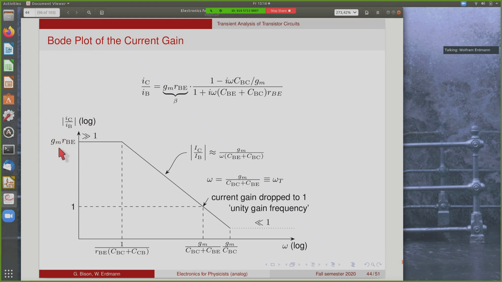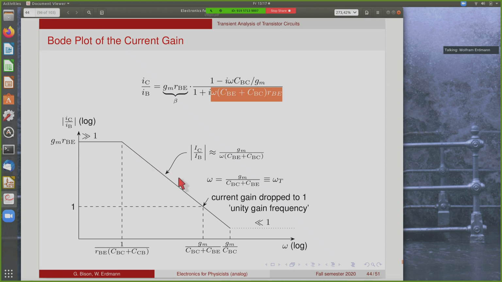If you go into the range where the frequency is small towards DC, then of course this becomes a constant 1, and you're left with the normal amplification as you expect. Now, at the point where this term becomes sizable and can no longer be neglected with respect to 1, say where it is equal to 1, this starts to turn over.